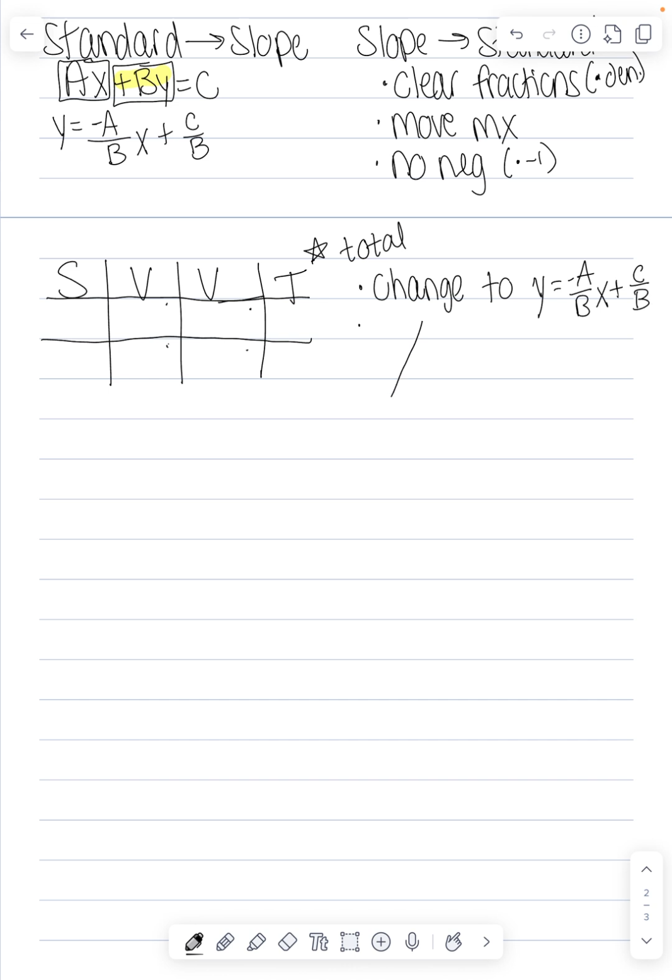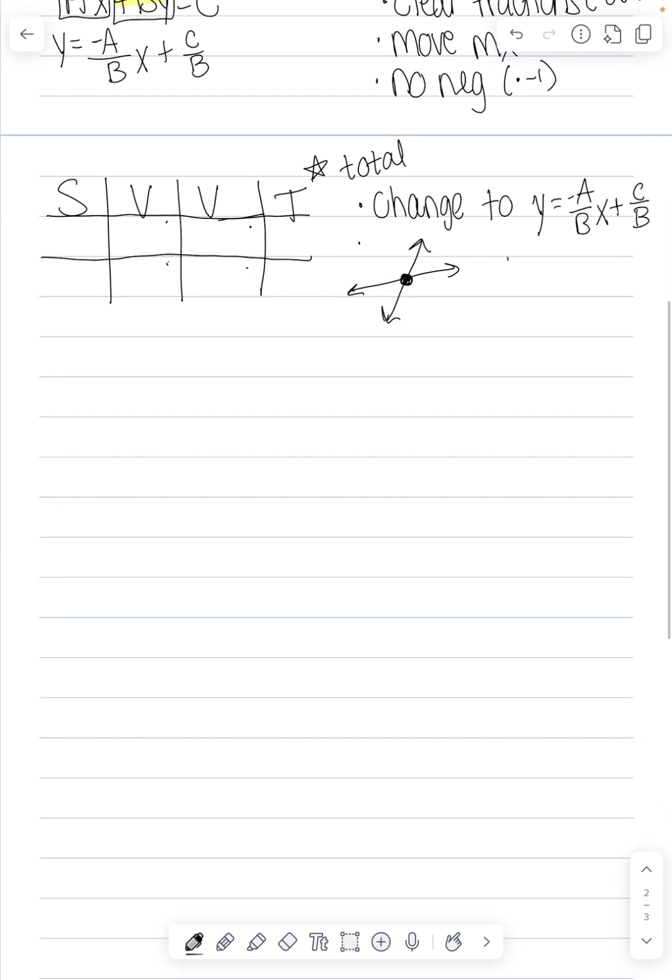When you graph your system of equations, you are looking for that point of intersection, that point where they meet. That will be your solution. You'll have an x value and a y value. That's why it's important to pay attention to your variables, because that tells you what each stands for when you're looking for your answer.